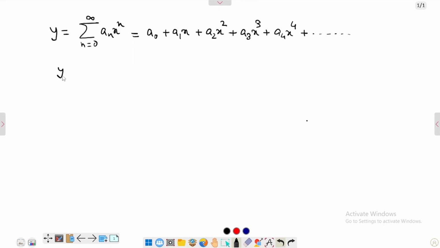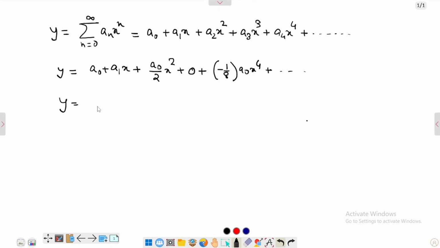Now y equal to, we know a0, a1 x. What was my a2? My a2 was a0 by 2 into x², and a3 was 0. And what was a4? a4 was minus 1/8 into a0 x⁴ plus dot dot dot.